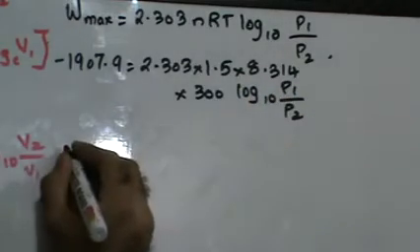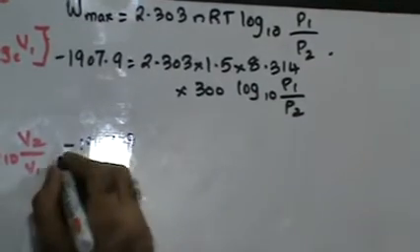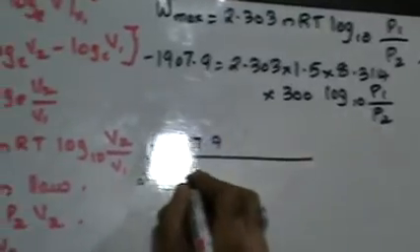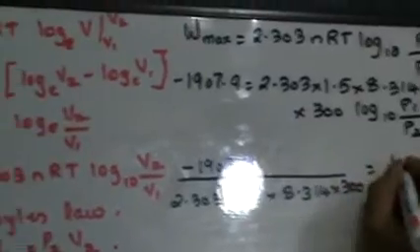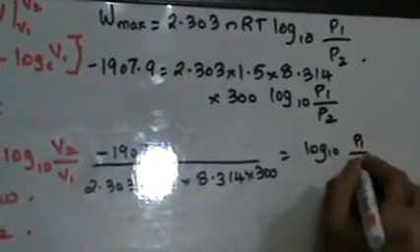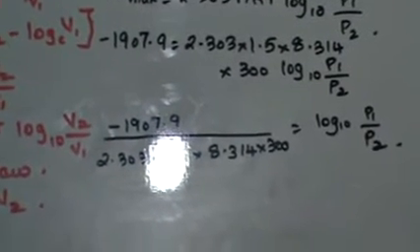Take everything on the other side, so I'll get negative 1907.9 upon 2.303 into 1.5 into 8.314 into 300 is log to the base 10 P1 upon P2. How do I get rid of the negative sign? To get rid of the negative sign, reciprocate.